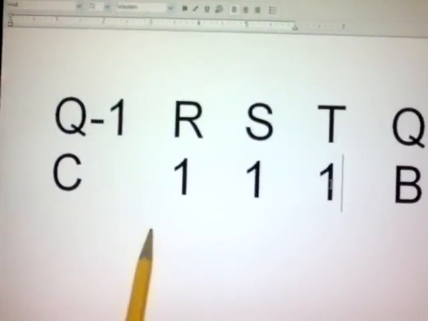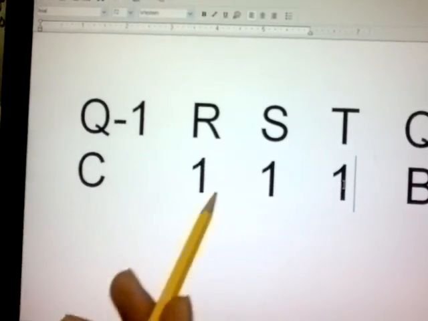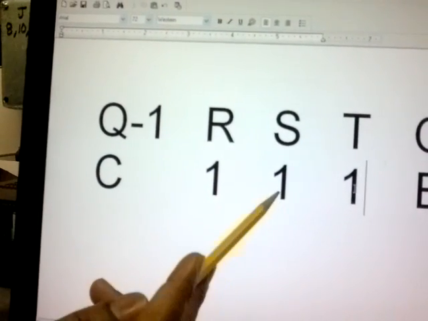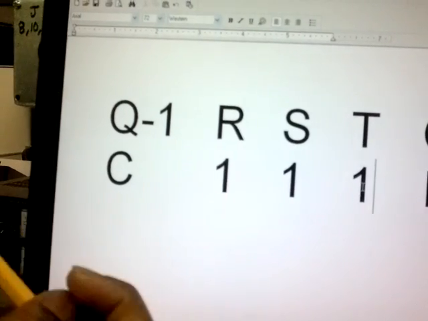This state can also be obtained when R is 1, S is 1, and T is 1.